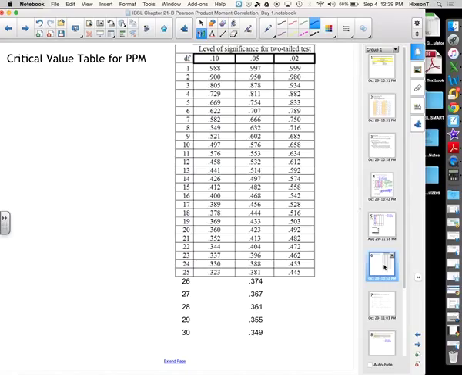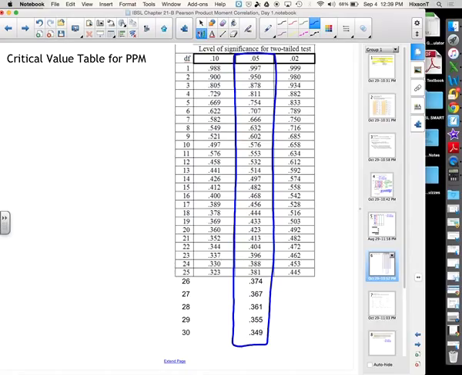That means we would be 90% certain that there's a correlation. Here's a 0.02. That means we'd be 98% certain there's a correlation. For our examples, unless we're specifically told otherwise, we're going to be using this column right here, the 0.05, because that tells us that we are going to be 95% certain there's a correlation.